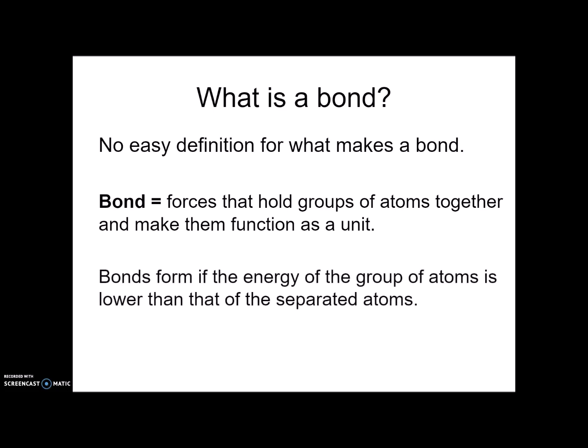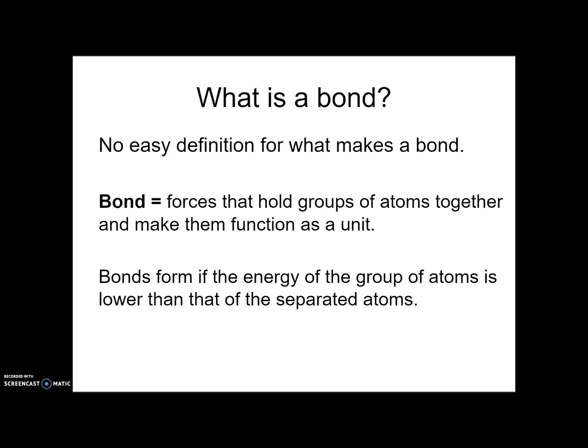We know this much. When atoms bond together, they have an energy that is lower when acting together as a group than if the atoms were separated. And that has to do with the idea of entropy. Entropy is disorder. In any spontaneous reaction in the universe, entropy always increases.